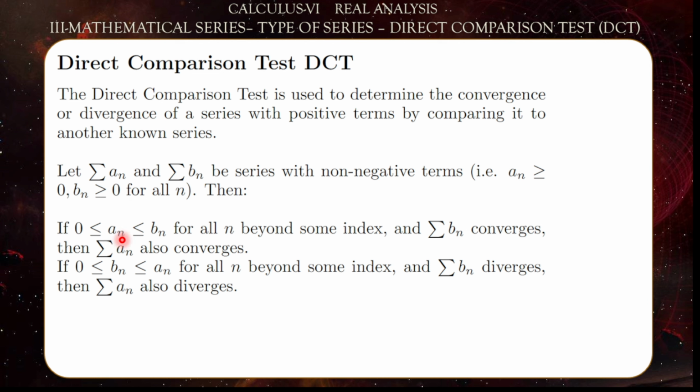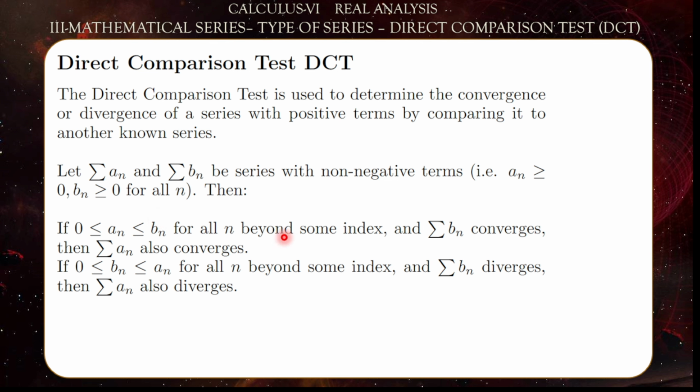Then, if 0 is less than or equal to an, less than or equal to bn, or in other words, if bn is greater than or equal to an for all n beyond some index, remember, these are the sequences.